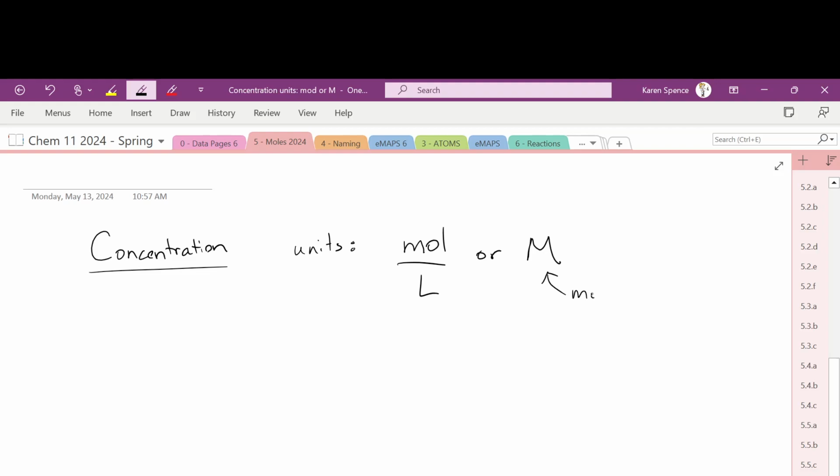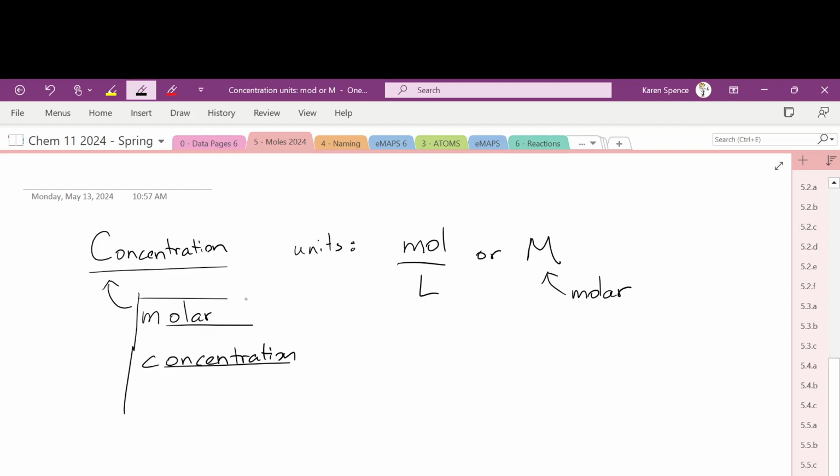We pronounce that molar. And this kind of concentration with these units, we can call the molar concentration.